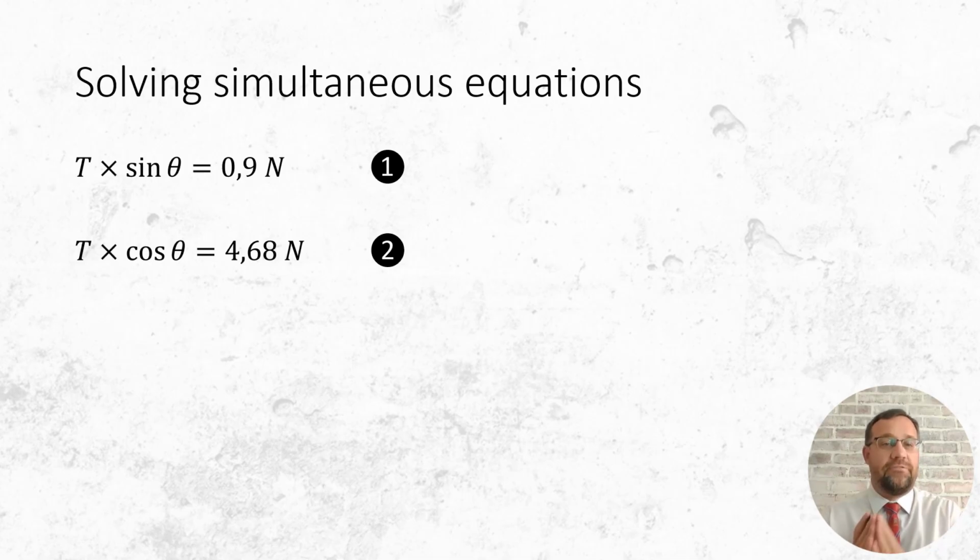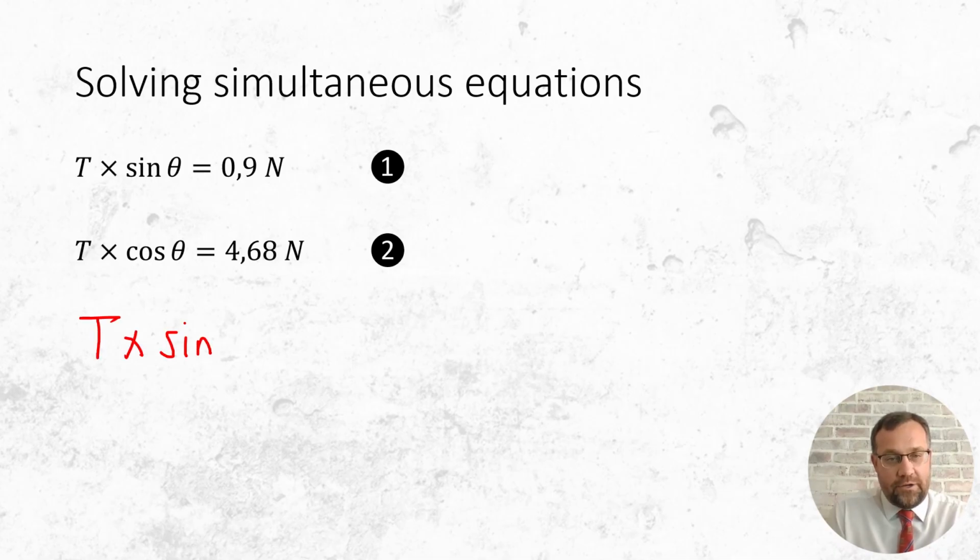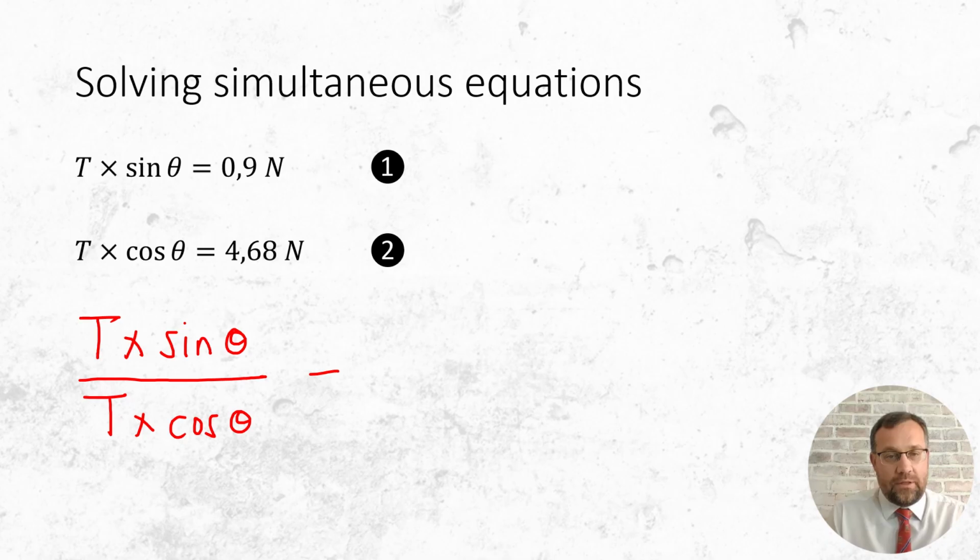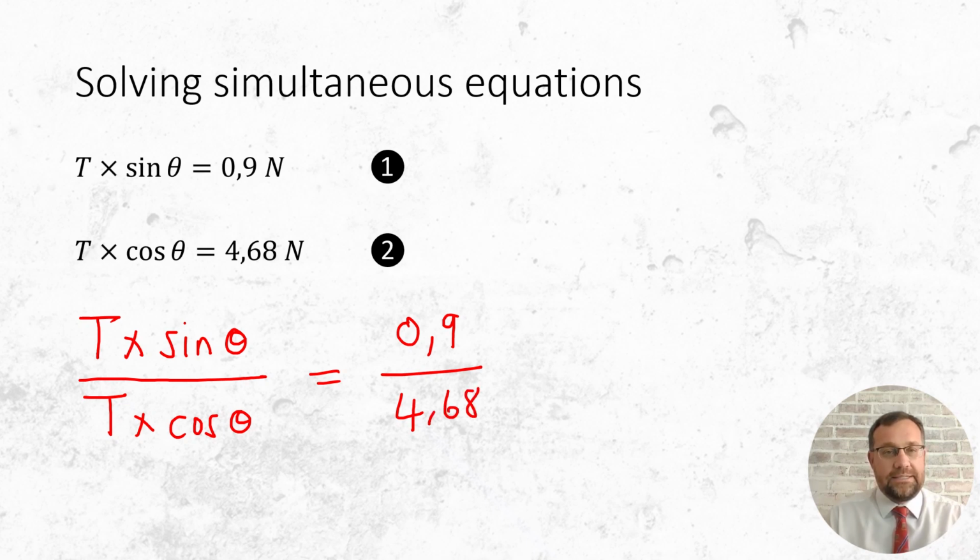Now let's divide equation 1 by equation 2 to eliminate the tension T. So this gives us T times the sine of theta divided by T times the cos of theta, and that is equal to 0,9 divided by 4,68.